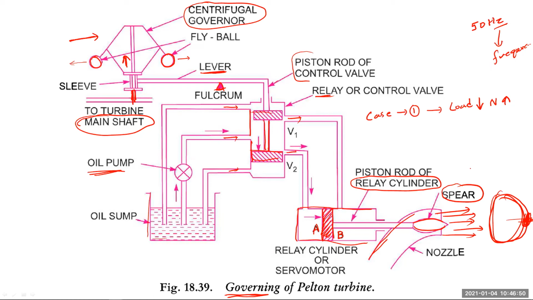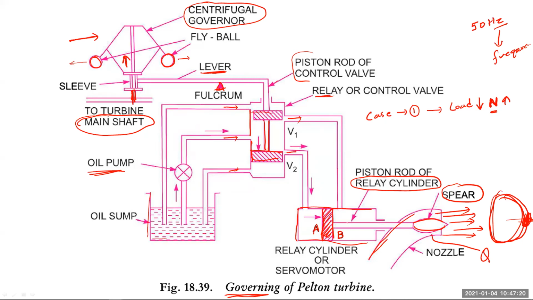So for regulating this speed, what we can do is restrict the flow of water. If we reduce this discharge of water Q, then automatically the velocity or the speed of the turbine will reduce to the required level. So how to reduce the water going through this passage?